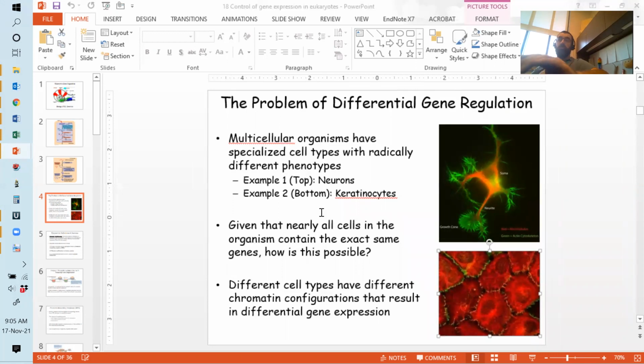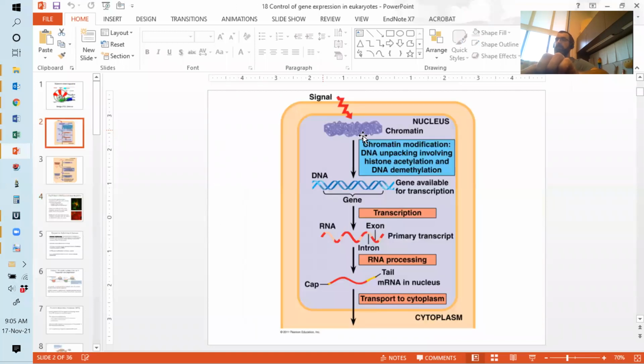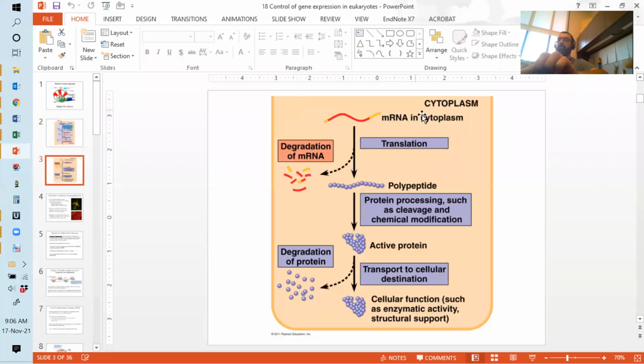So what we're going to start doing now, pretty much until the end of the course, depending on how much time we have for fun stuff like transgenics and the like, is go through each of those different levels, all these different steps that you can see here: chromatin state, control of transcription, control of RNA processing, control of translation, degradation, and so on.